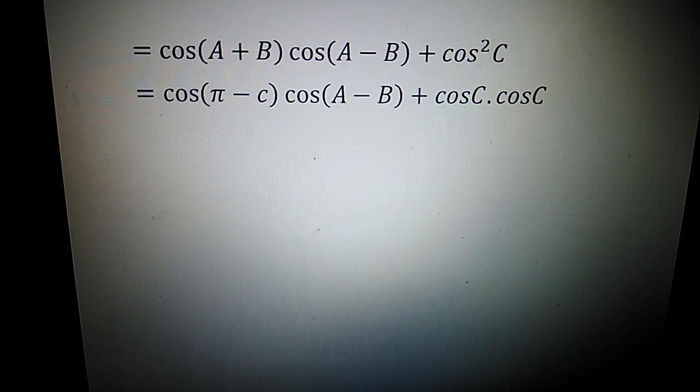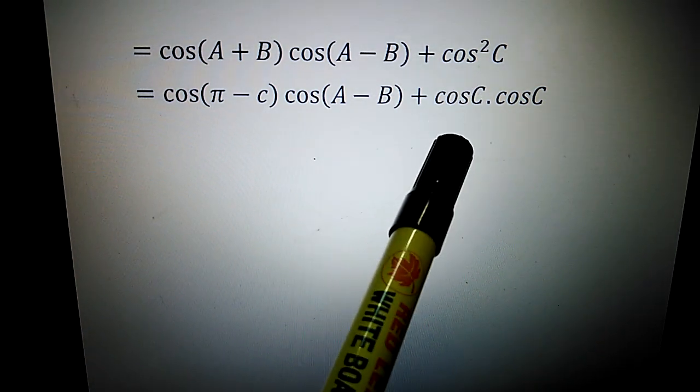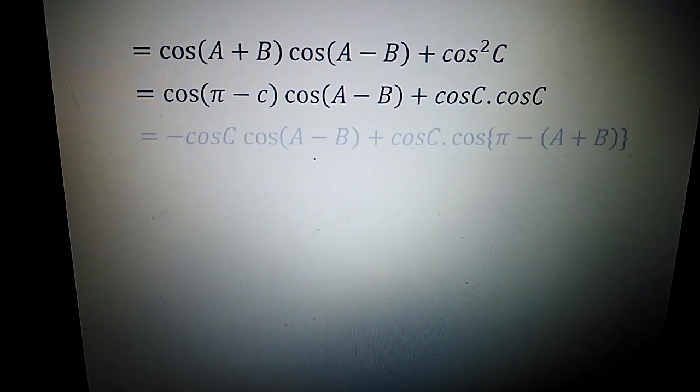Here we can write a plus b as pi minus c. In my previous solution of the problem, I explained why a plus b can be written as pi minus c. And cos square c is cos c into cos c.